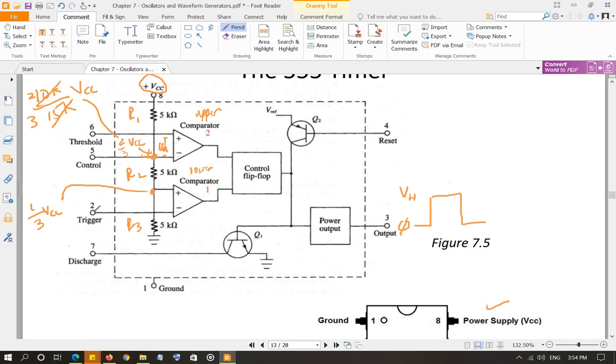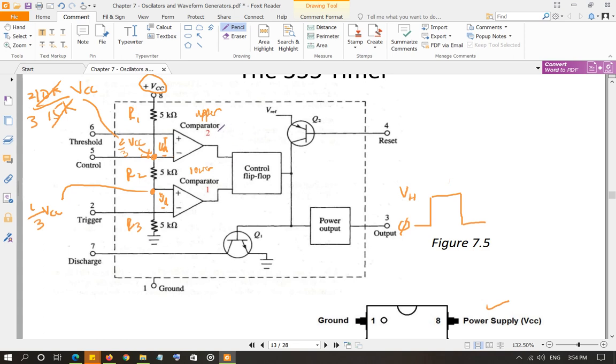And if the voltage at the trigger is less than 1/3 of VCC, then again this VD is going to be greater than 0, and the output will be at saturation, VSAT.